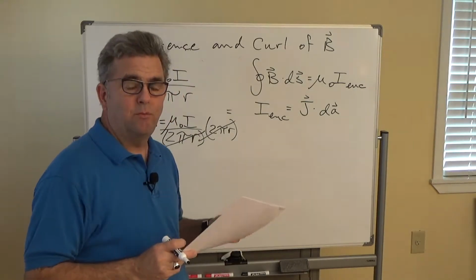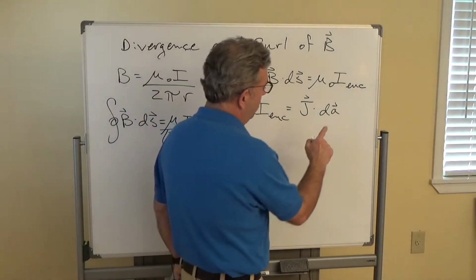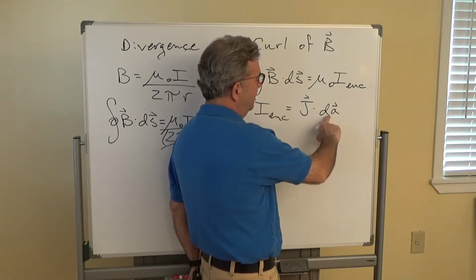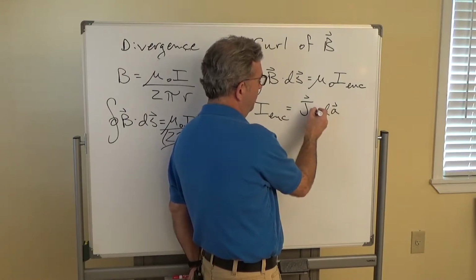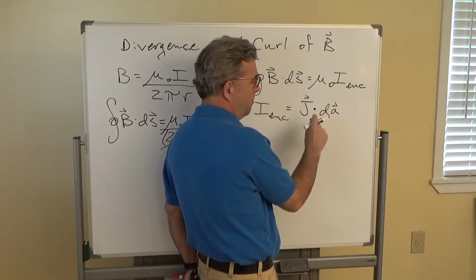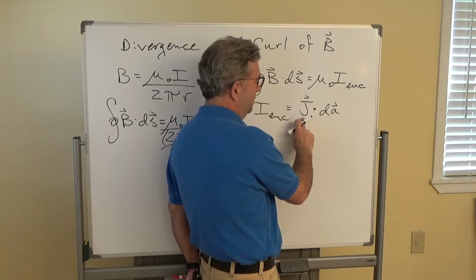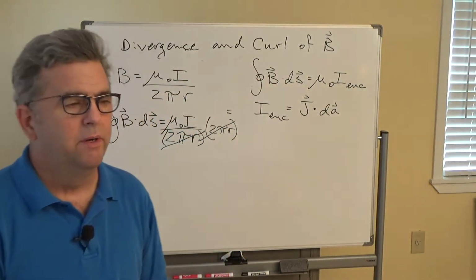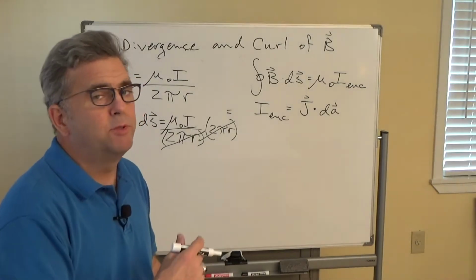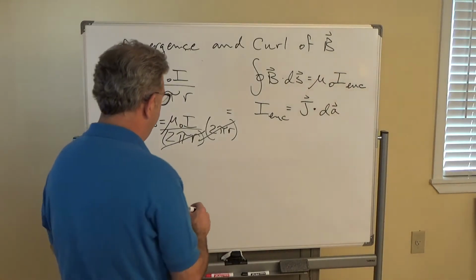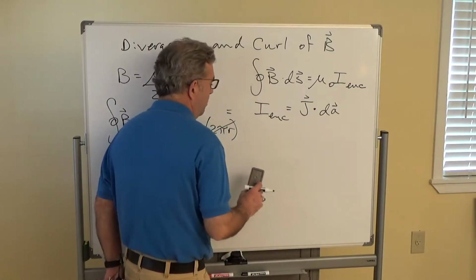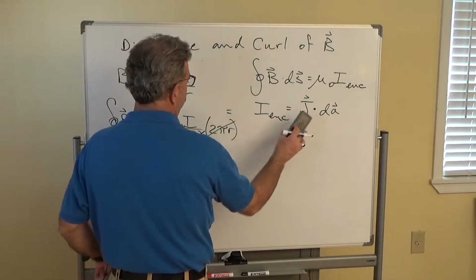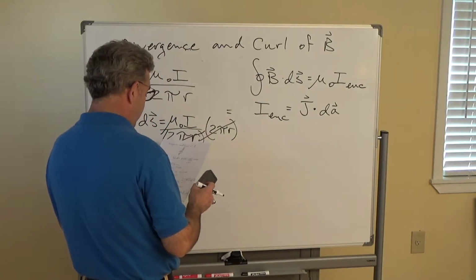If you're looking at a cross section of the wire, that would be that little area vector that represents that cross section, and J is the current density. That's something in amps per square meter, or amps per square centimeter. It is the current per unit area. So I enclosed is J dot dA.